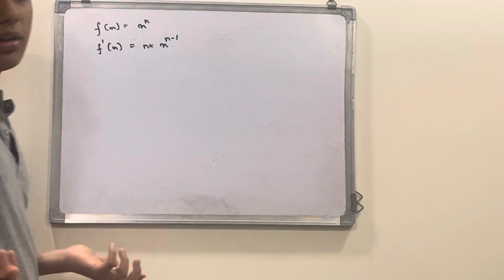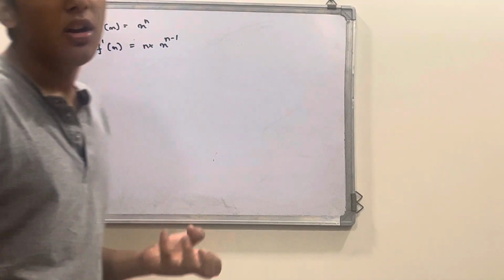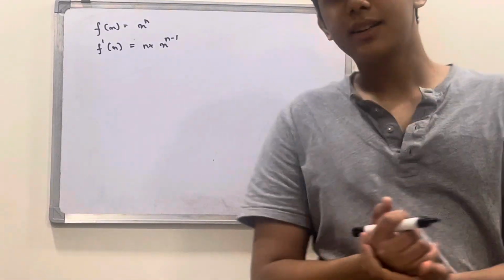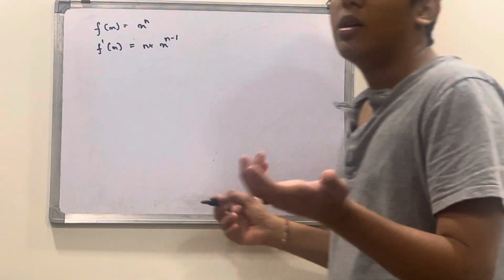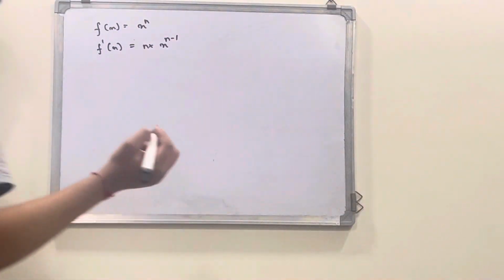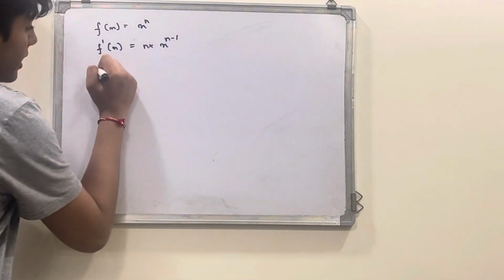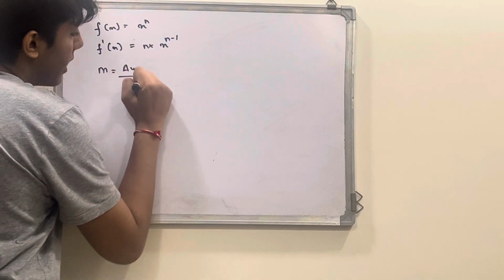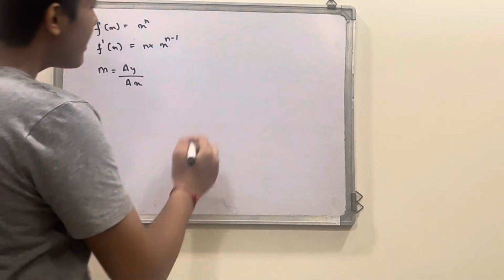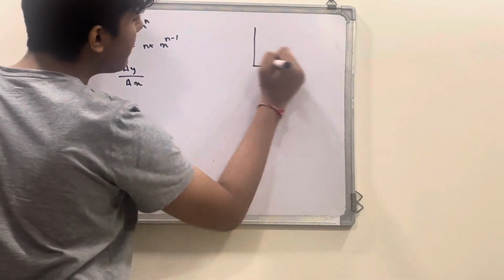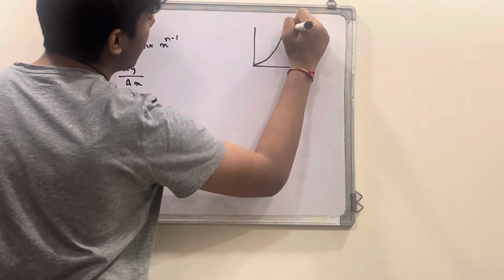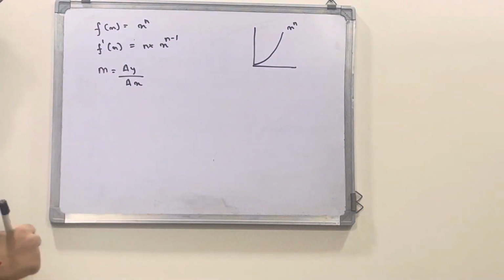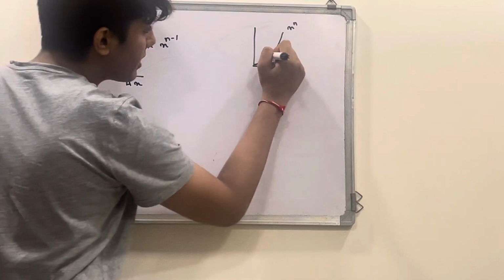Now we all know that when you're differentiating a function, you're basically finding its gradient. What we've learned in 8th grade is that your gradient is going to be your delta y over delta x. Suppose this is my f of x, or x to the power n, over here. I'm taking 2 points.